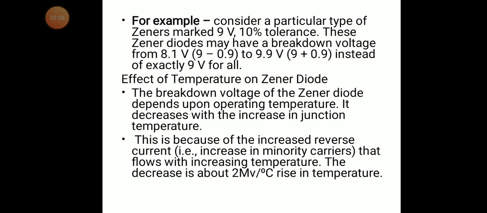That is the reason the breakdown voltage depends upon operating temperature. It decreases with the increase in the junction temperature. The Zener breakdown voltage decreases if the temperature increases.